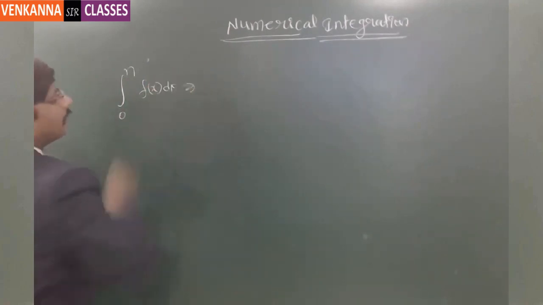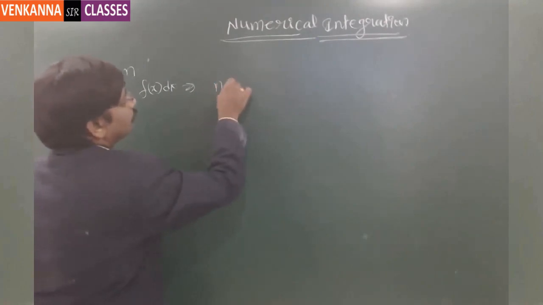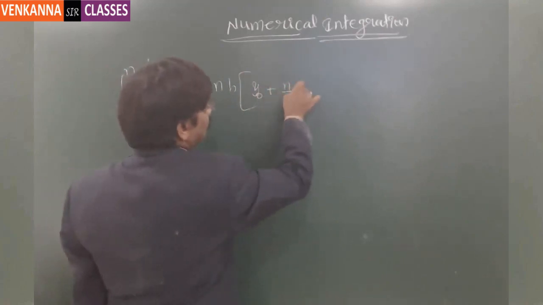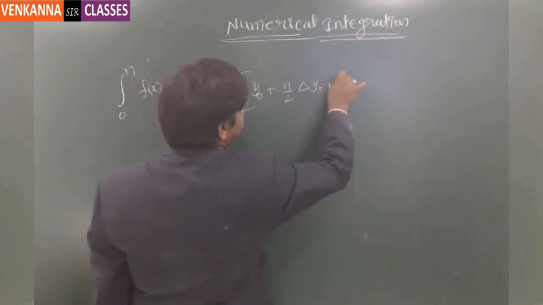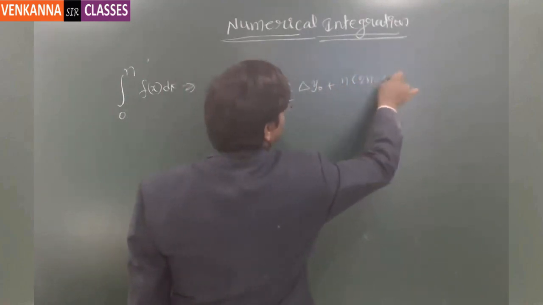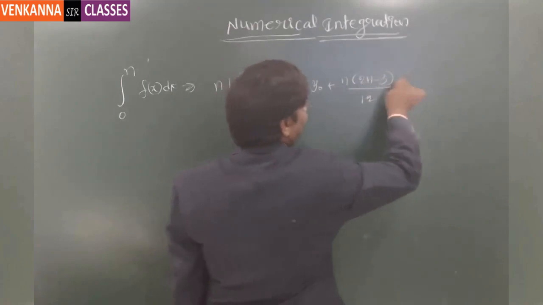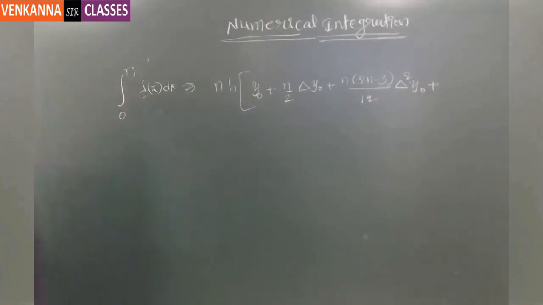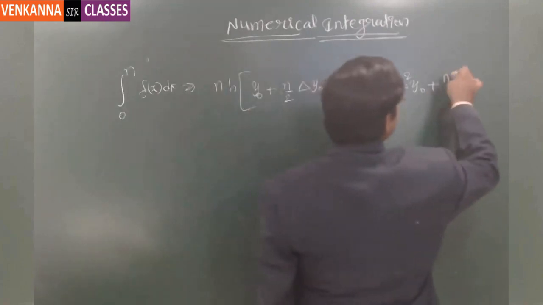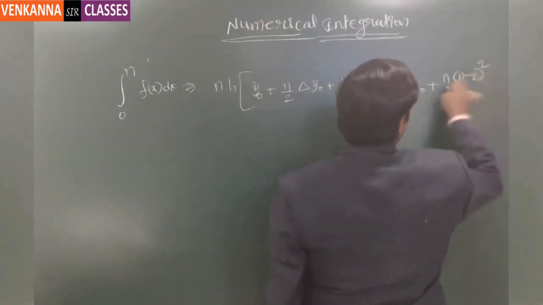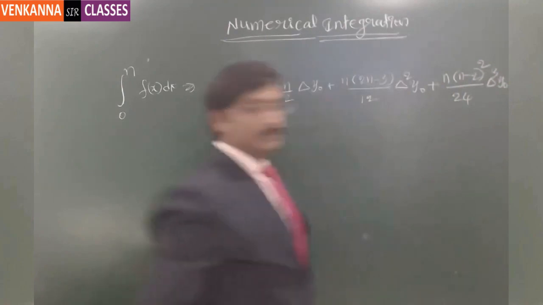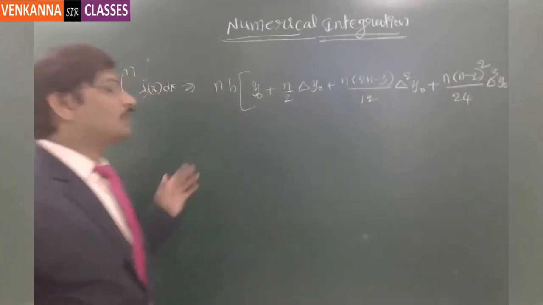This is given as n times h times y naught plus n by 2 times delta y naught plus n into (2n minus 3) divided by 12 times delta square y naught plus n into (n minus 2) whole square divided by 24 times delta cube y naught plus and so on. So this is how Newton-Cotes formula was derived.